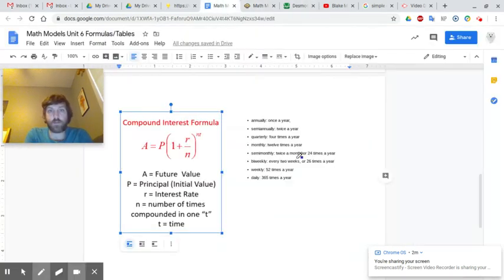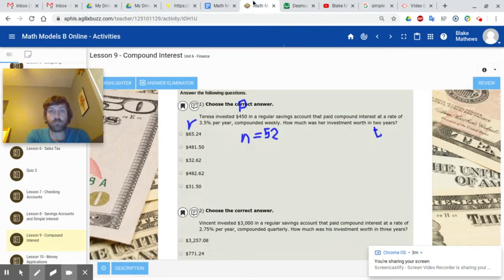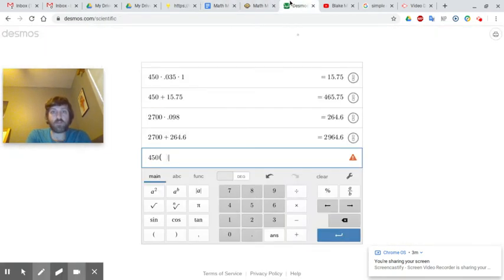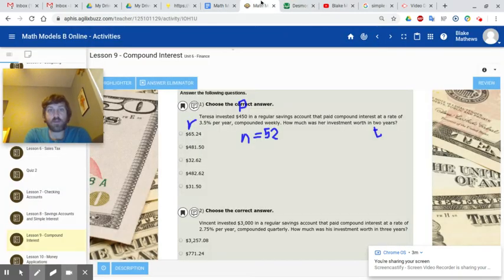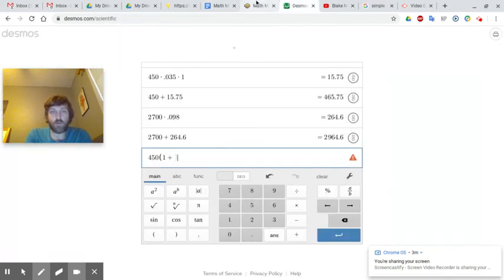And let's look at our formula. So we're going to do A equals P. So we're going to do P, just 450 times, so I'm going to put a parentheses. And then the formula says to do 1 plus R over N. So R was 0.035.